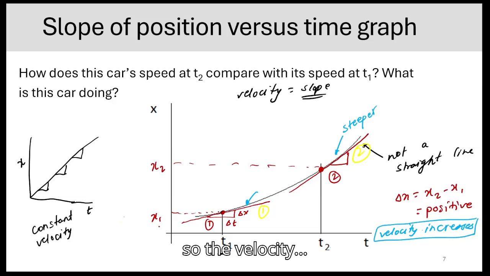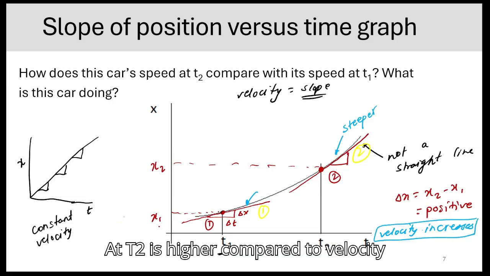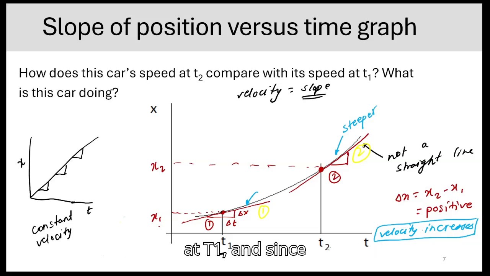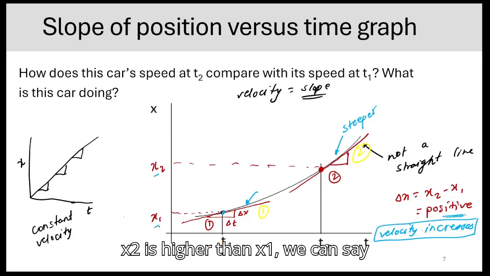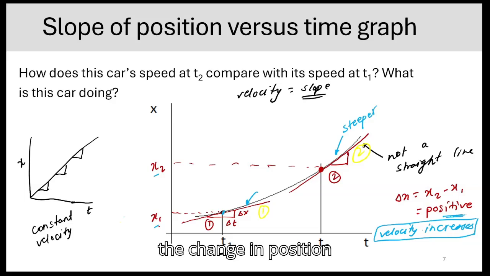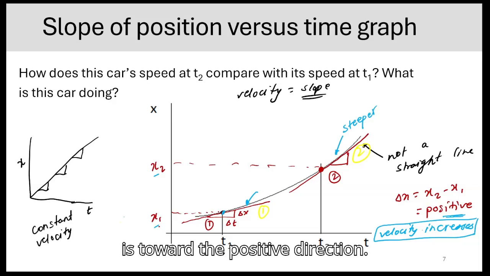So the velocity at t2 is higher compared to velocity at t1, and since x2 is higher than x1, we can say the change in position is toward the positive direction.